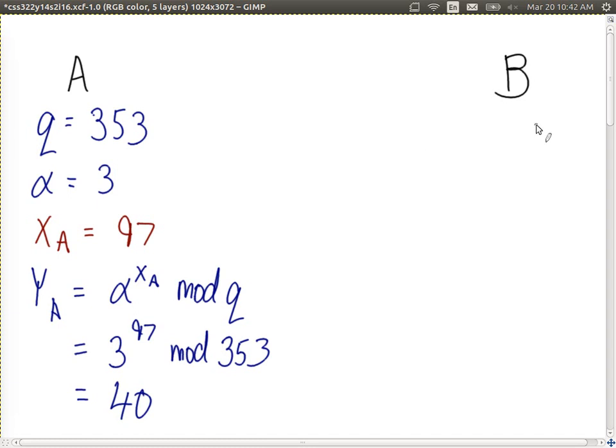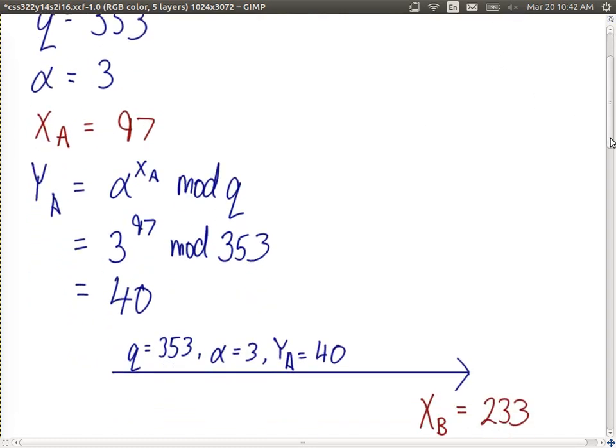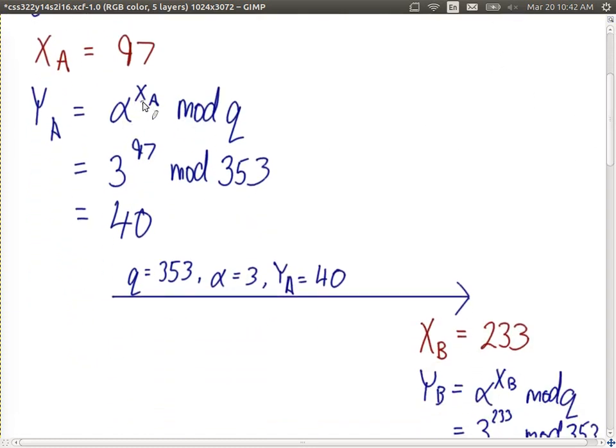Then user A calculates its public Y value, alpha to the power of XA mod Q, and they got 40.